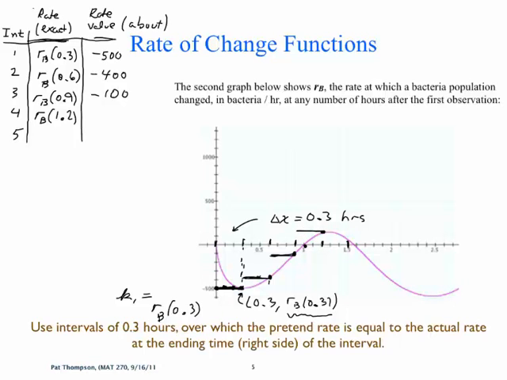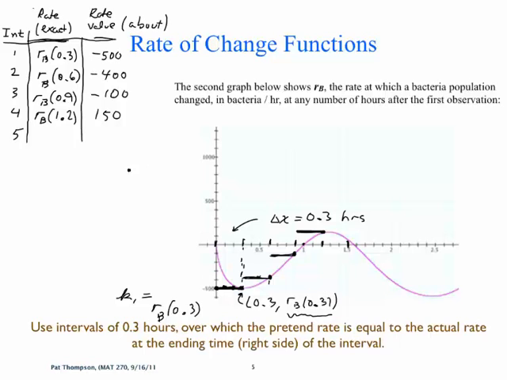The actual rate is 0. Here's the point: our pretend rate in that interval is based on the rate of change at the right side of the interval, R sub b of 1.2. Okay, what is that? 200? Positive 150, okay. A little less than 200. 150.